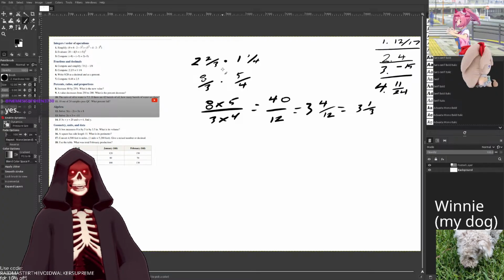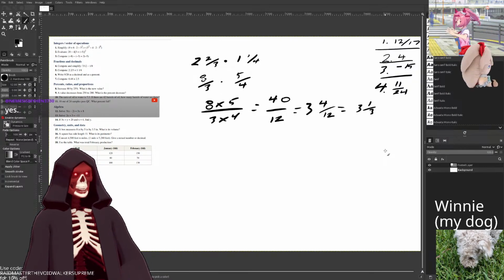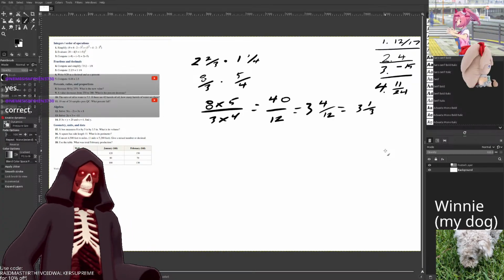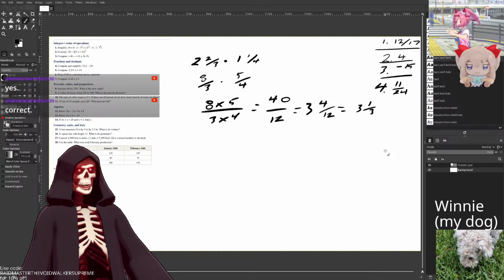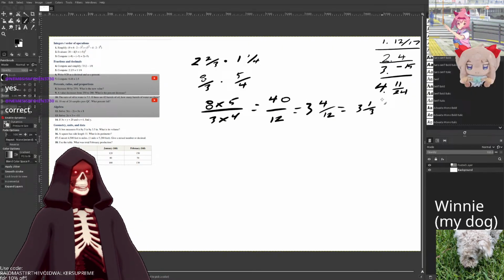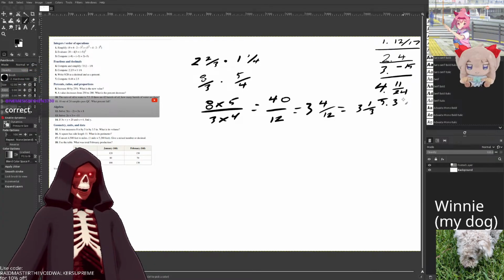Which is, that looks about right. Correct? Yes. Okay, so now we just do 5 is 3 and 1/3.